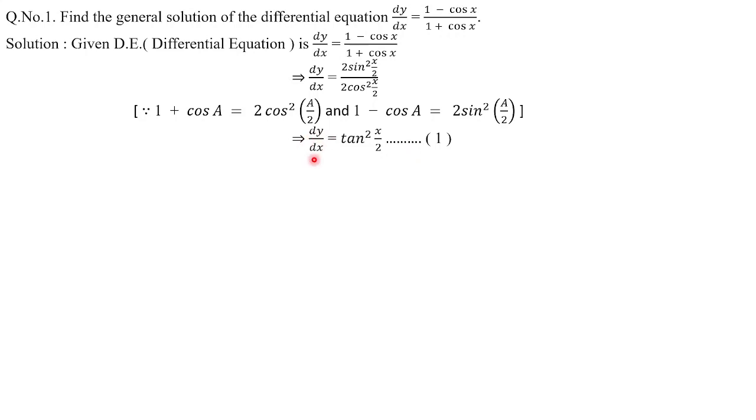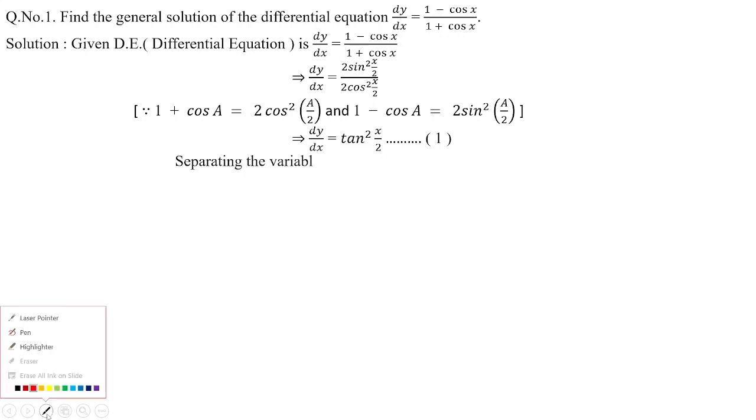The denominator dx is there. Let us send dx to RHS. Then can you tell me what is the next step? If you send dx to RHS, what will be the next step? Separating the variables.